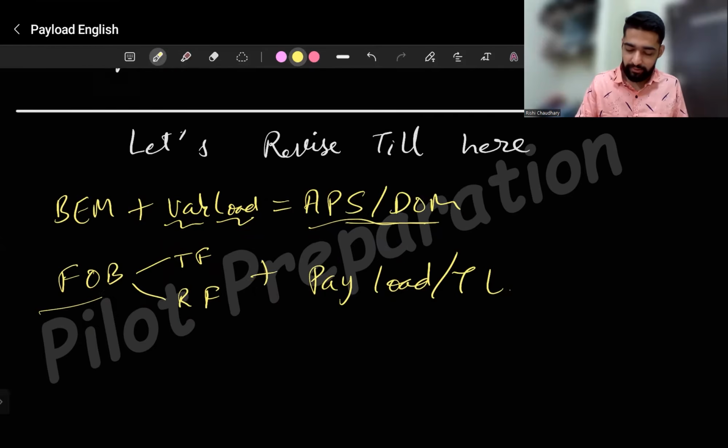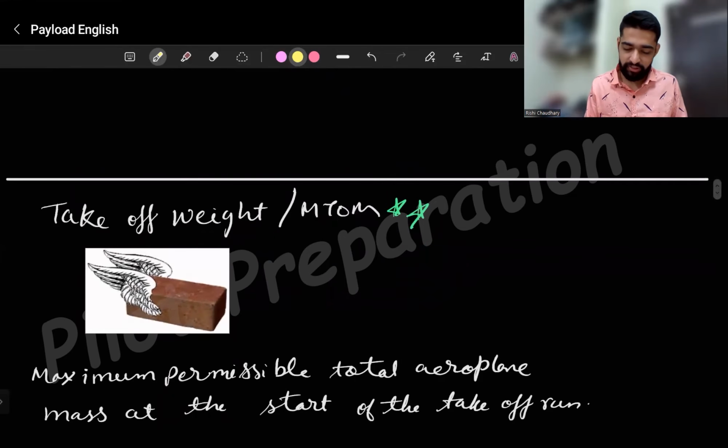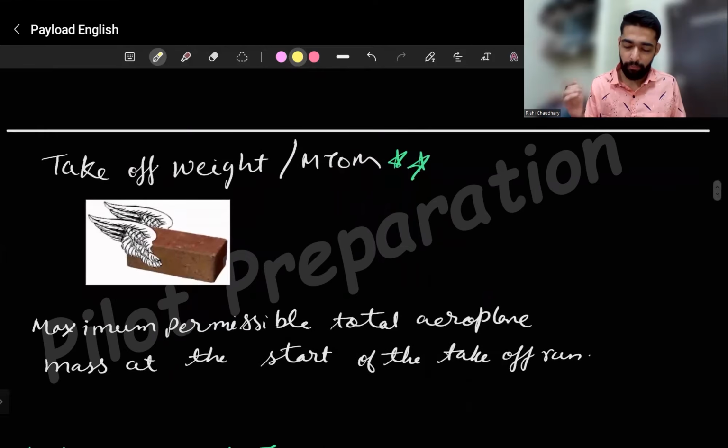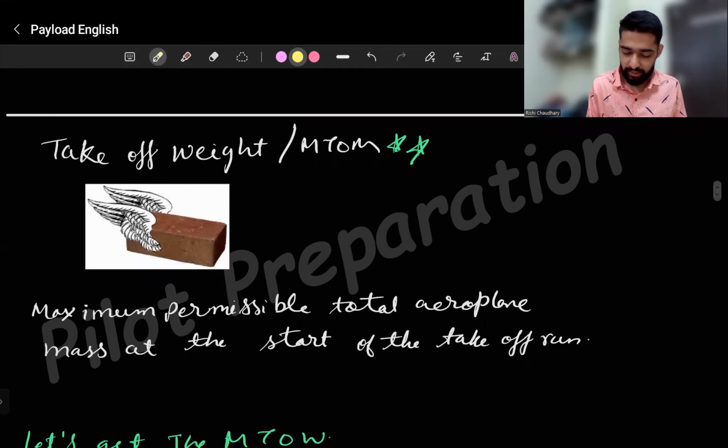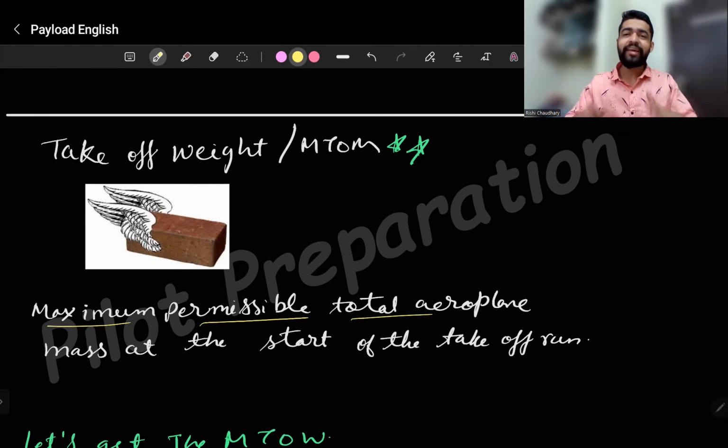Now let's directly go to the next part of the chapter, which is takeoff weight or maximum takeoff mass. As I said, mass and weight are the same thing here, so we will use them interchangeably. Maximum permissible total aeroplane mass at the start of the takeoff run. So when you're taking off, whatever mass the airplane is carrying is called maximum takeoff weight or maximum takeoff mass.